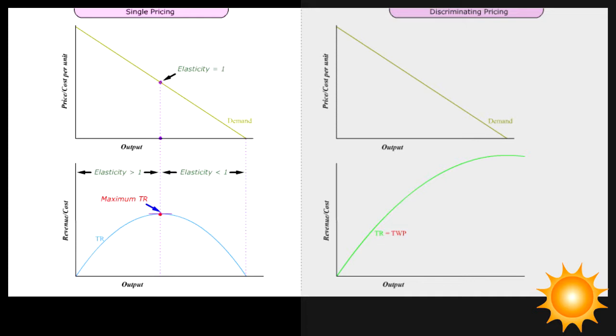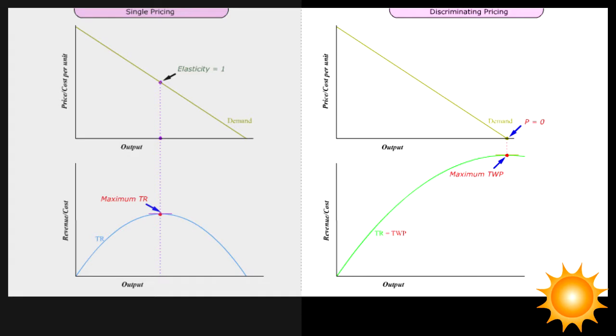Because single price is an average price, the single pricing seller's TR is affected by the elasticity of demand. TR maxes out when elasticity is equal to 1. Because discriminating price is a marginal price, the price discriminating seller's TR, that is TWP, maxes out only when price is 0.